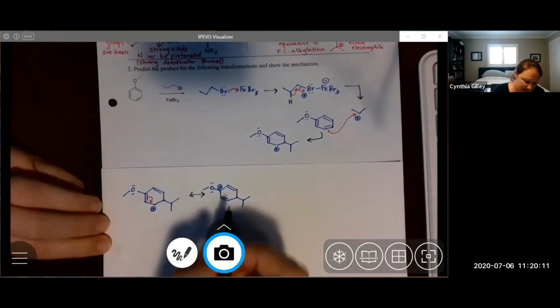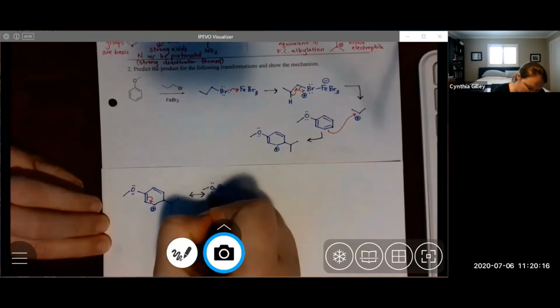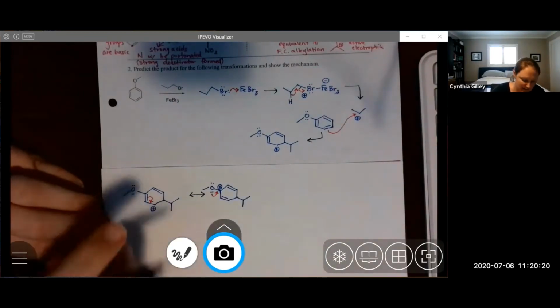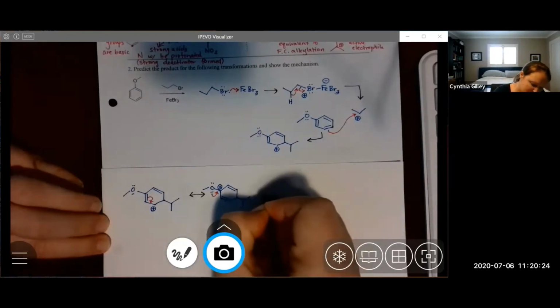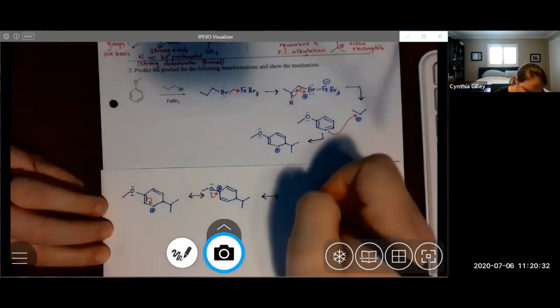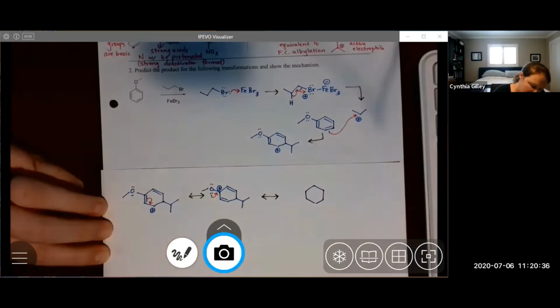Okay. Because the oxygen is right next to this positive charge, it can get involved in resonance, and it can help donate electrons to help stabilize this positive charge. Remember that inductively, it's withdrawing electrons, but through the pi system, it's donating electrons. And it donates very strongly, so it overcomes the inductive withdrawal of electrons.